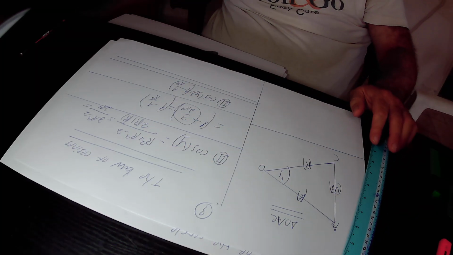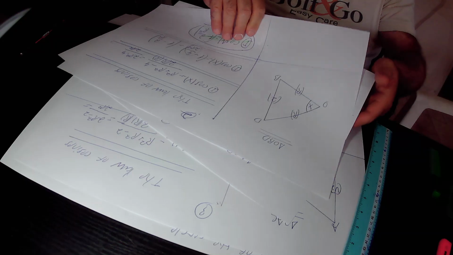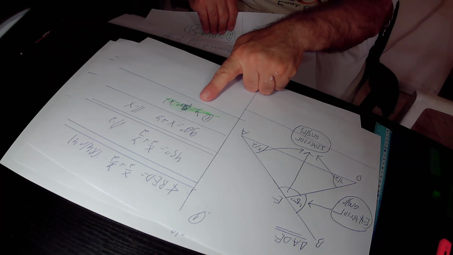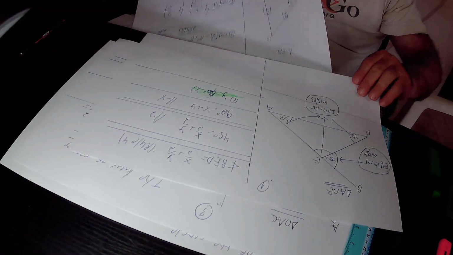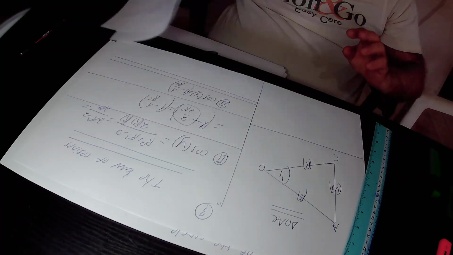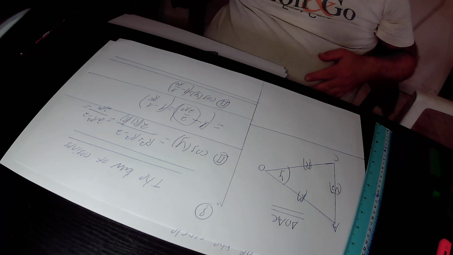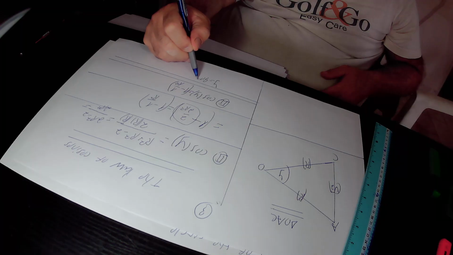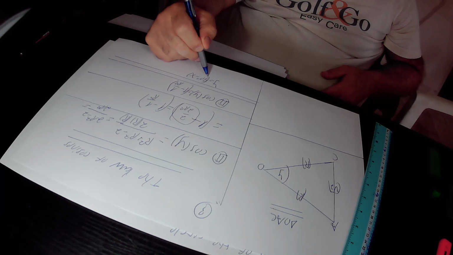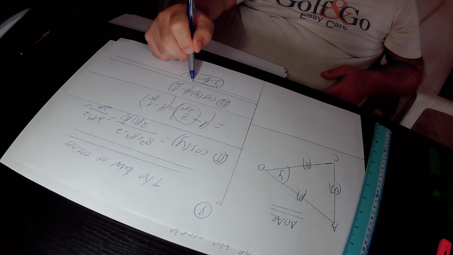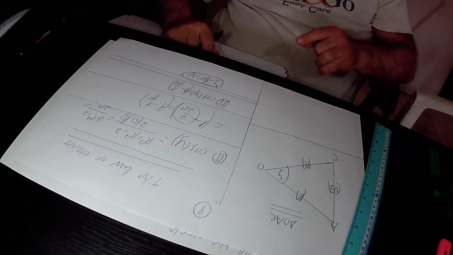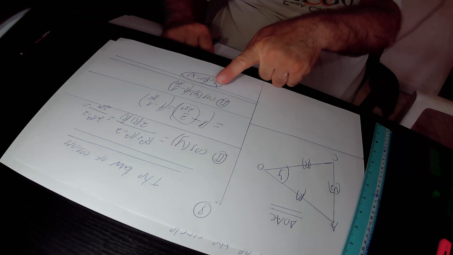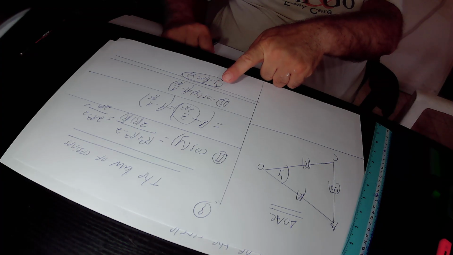Well, we already found out that y equals 90 degrees minus x. So write it down. We already found out that y equals 90 degrees minus x. And therefore we can substitute y in this equation by 90 degrees minus x.